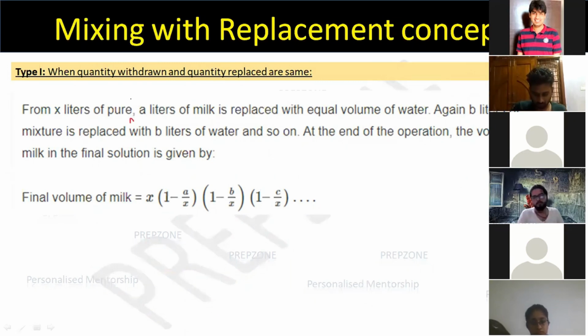From X liters of pure milk solution, A is the quantity. A liter of milk is replaced with equal volume of water. Again मैंने B निकाला और B liter water डाला, फिर C निकाला, C liter water डाला, etc. मैं करते गया. Okay. My catch is the quantity that I have withdrawn is same as the quantity that I have replaced it with.